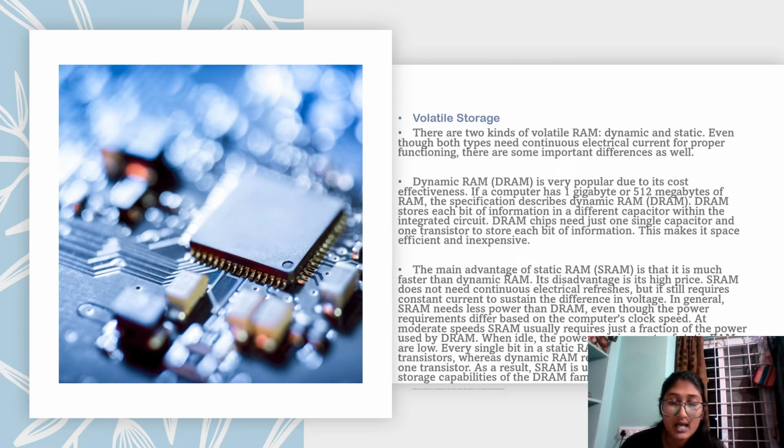If a computer has 1 gigabyte or 512 megabytes of RAM, it is typically dynamic RAM. DRAM stores each bit of information in a different capacitor within the integrated circuit. DRAM chips need just one single capacitor and one transistor to store each bit of information. This makes it space efficient and inexpensive.